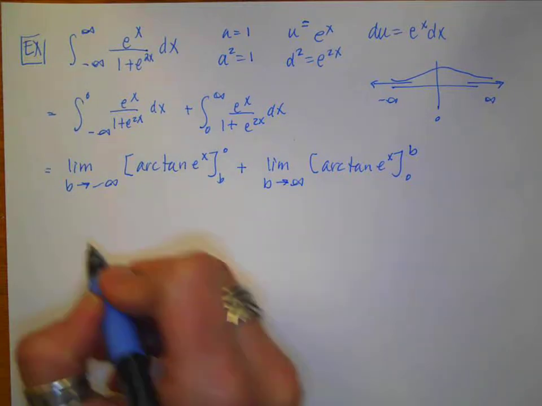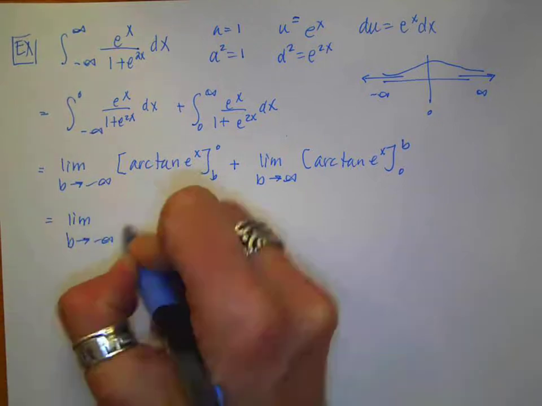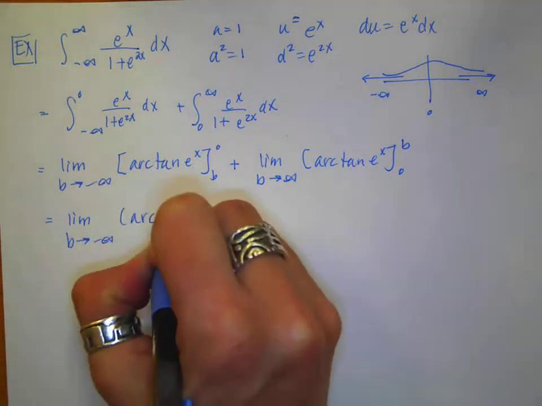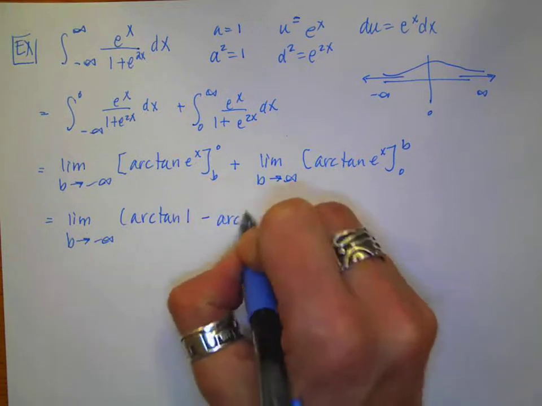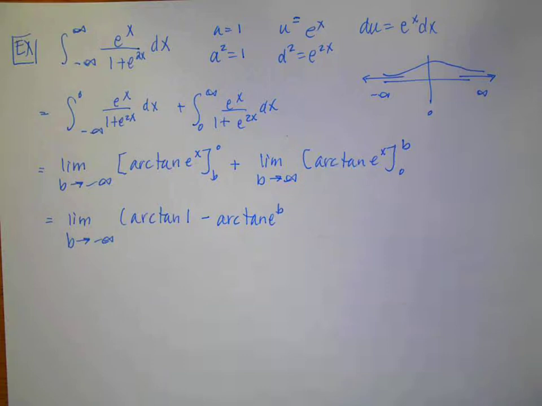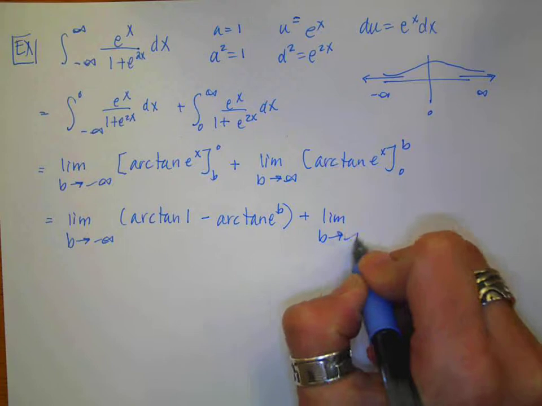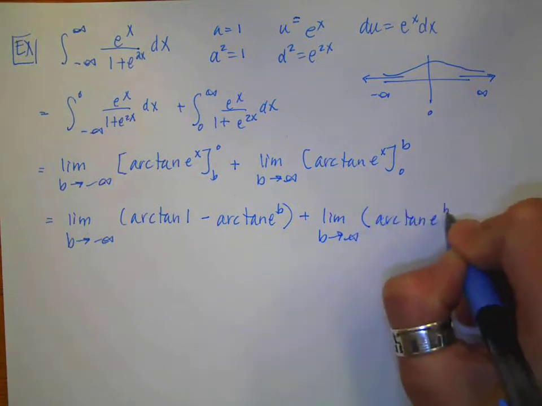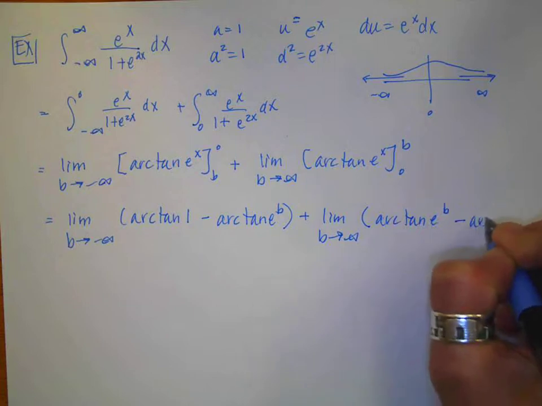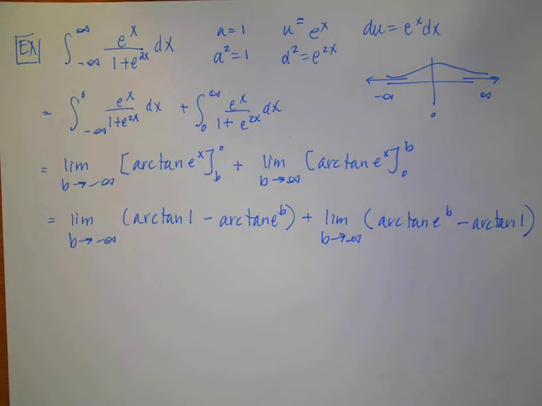Well, if I manage this math and evaluate these, this is the limit as b approaches negative infinity of the arc tangent of e to the 0, which is the arc tangent of 1, minus the arc tangent of e to the b, and then plus the limit as b approaches infinity of the arc tangent of e to the b minus the arc tangent of 1, because e to the 0 is 1.